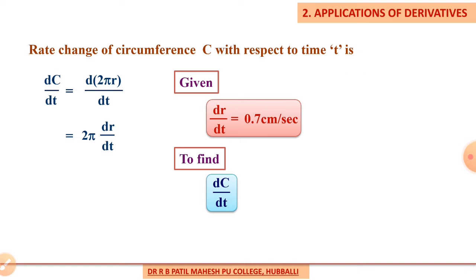So 2 times pi is a constant term into the derivative of r, which is dr by dt. Now you can substitute dr by dt equal to 0.7, so 2 times pi into 0.7. If you multiply this you will get 1.4 pi centimeter per second. So this is the change in circumference of the circle with respect to time t.